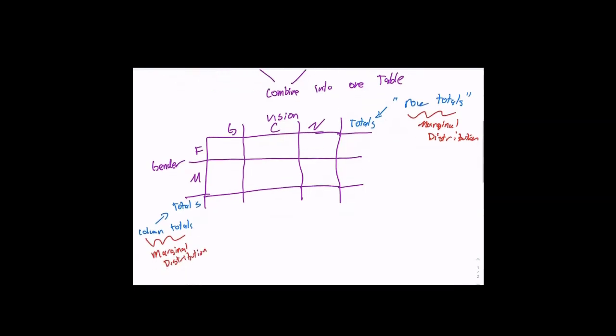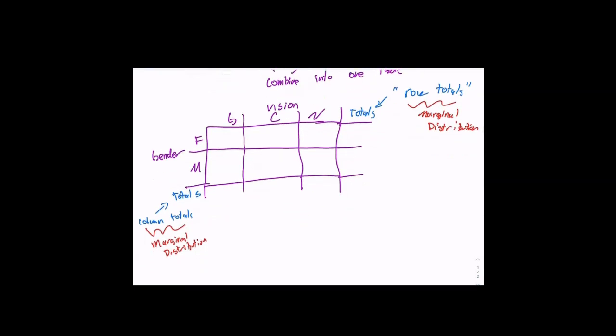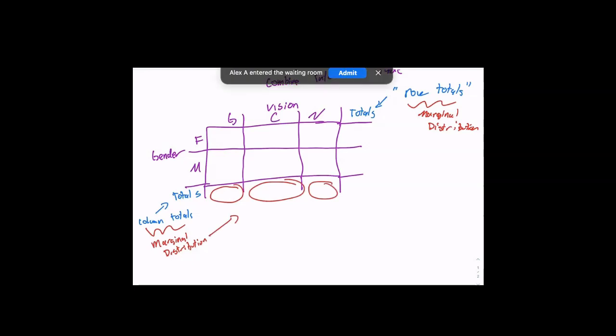Now, in the column totals, these values that go here, here, and here, we would refer to as the marginal distribution of what variable? What is the variable that we're working with? Marginal distribution of what is the data that we're talking about there?